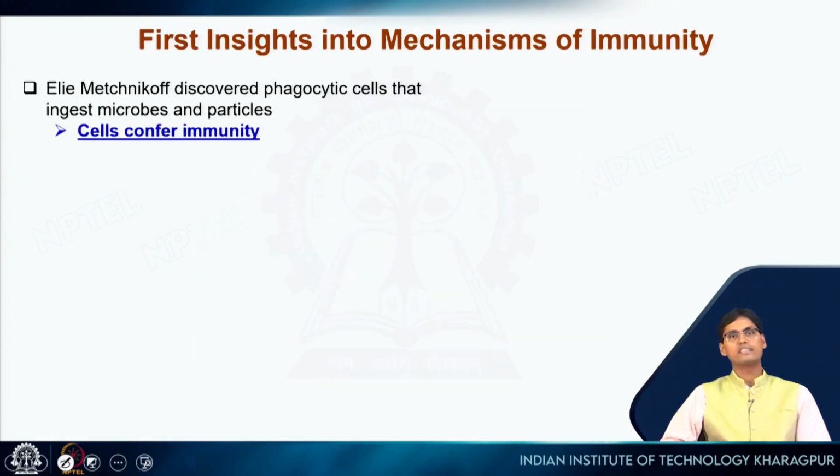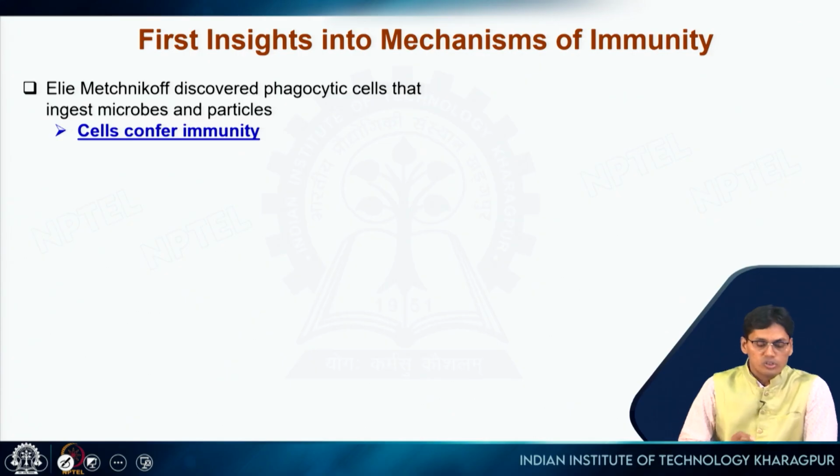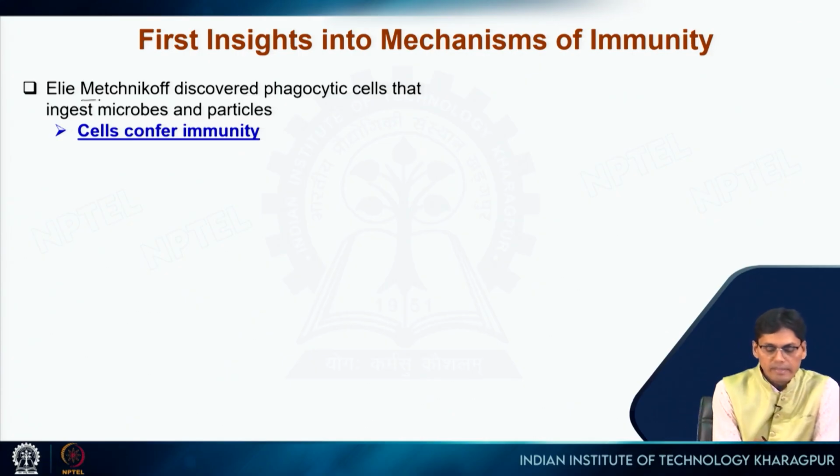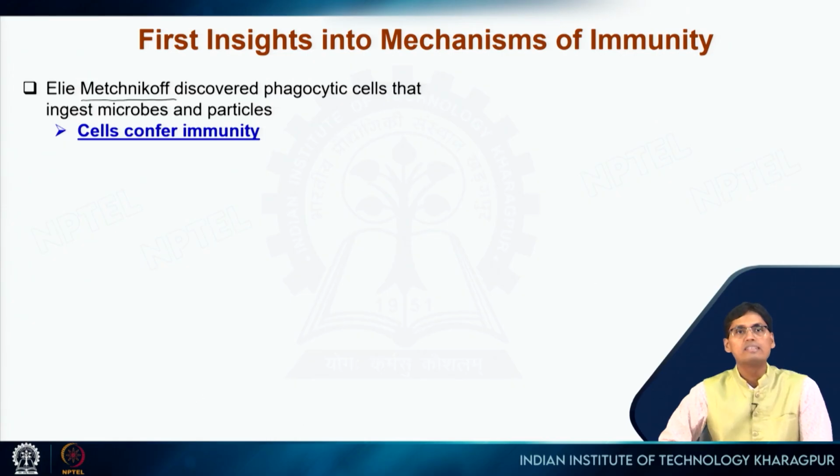The first insight into the mechanism of immunity. Whatever I discussed until now is just how vaccination protects us from a particular disease. But now, how does our immune system work? This is what I am going to discuss here. Elie Metchnikoff discovered that phagocytic cells present in our body engulf microbes and some foreign particles, and that's why we have immunity.